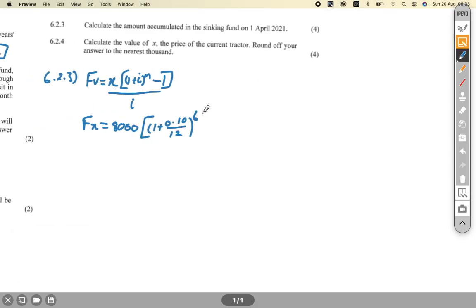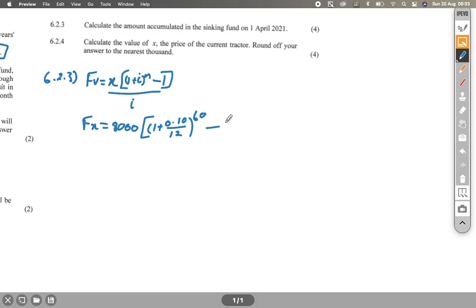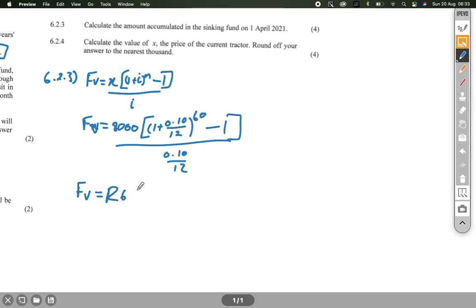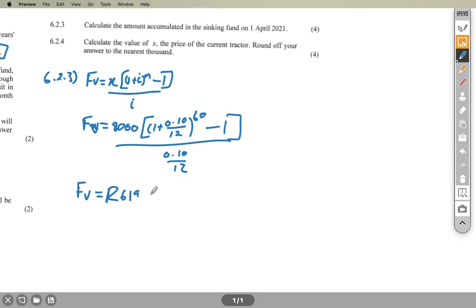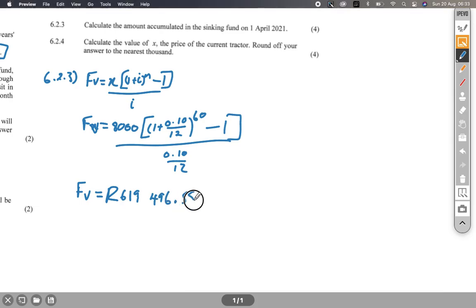So 5 times 12 is 60, since it is compounded monthly, divided by our interest rate. And you should get 619,496.58.